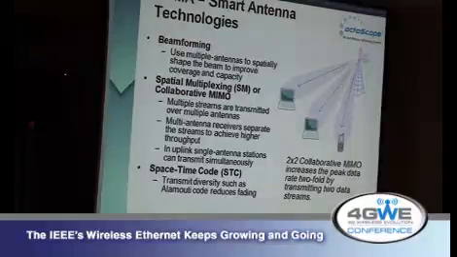And this is where there's a lot of advancement going on now for WiMAX and LTE smart antennas. Beam forming, collaborative MIMO, where 2 stations can communicate at the same time. So it's all related to SDMA, dividing up the space.